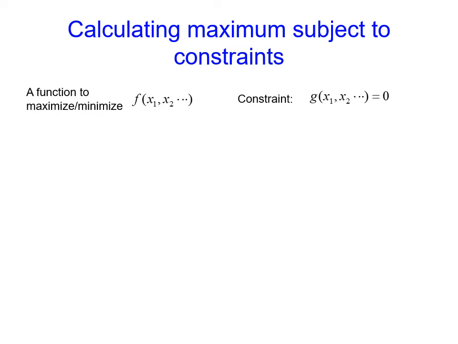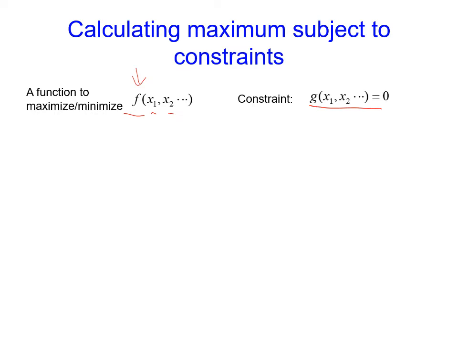Before we go further, we need to introduce the constraints. Remember, the total number of molecules doesn't change, and the total energy is also a constant. These are constraints. So assuming we have a function f with variables x1, x2, etc., and the variables have a constraint, how do we maximize or minimize this function?